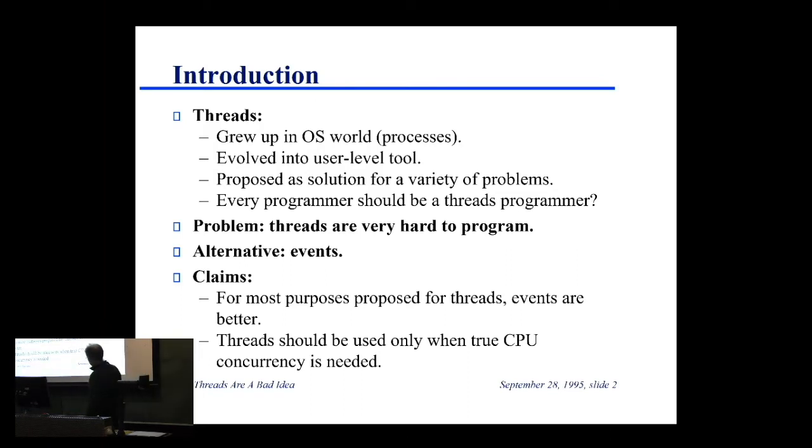Threads should only be used when we have true CPU concurrency, which, if you think about it, is true everywhere now. You can't even buy a mobile phone that has less than 4 CPUs in it. But I will postpone that because in some sense you could argue that you run 4 event loops on a 4 CPU machine and you can keep it busy and avoid some of the synchronization issues.